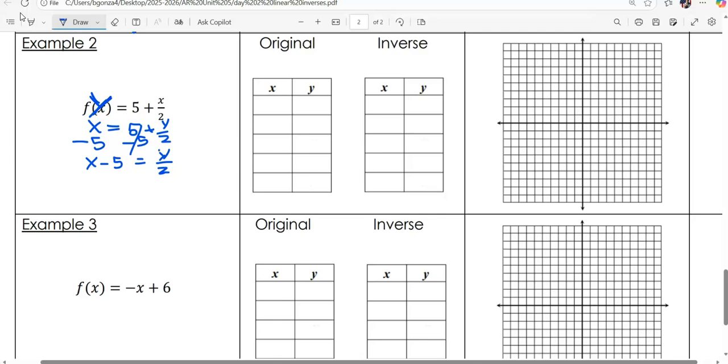The opposite of dividing by 2 is multiplying by 2. And if you multiply 2 to a whole expression, you can use parentheses. Write it as inverse function. 2 times x and 2 times -5. 2x minus 10.